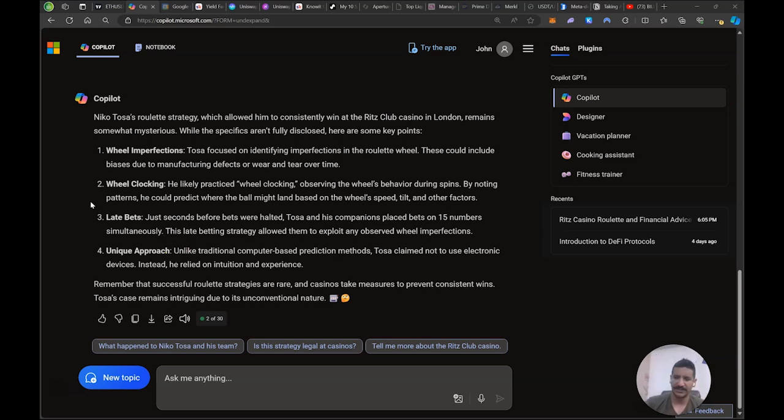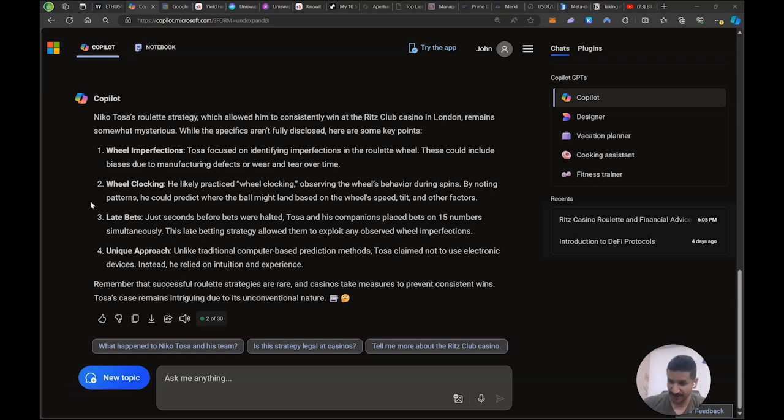So basically, all he did was he identified how roulette was played, but he also identified imperfections in, say, the roulette wheel itself, how it was tilted, right? Depending on the tilt and the degree of the tilt can really affect the outcome of where the ball may land. That, and defects, wear and tear, right?